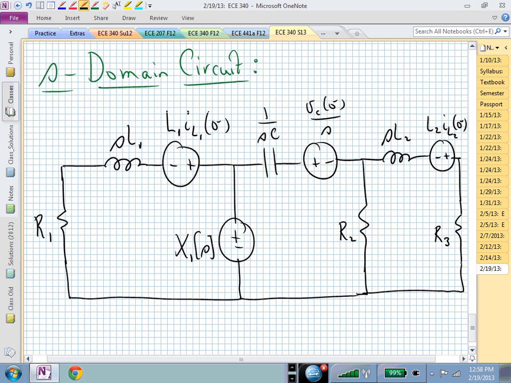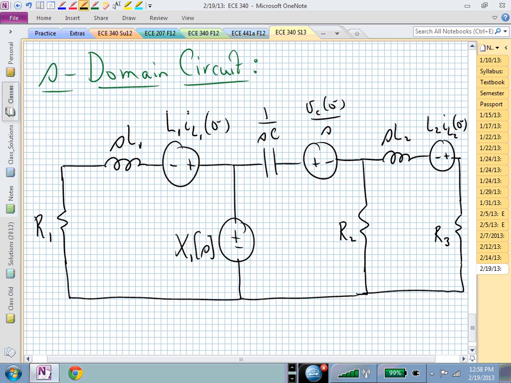We started with one input, but we needed to incorporate three initial conditions. And those three initial conditions now give rise to three more inputs. We now have a total of 4 inputs that are driving this circuit. 3 of those inputs are resulting from initial conditions.